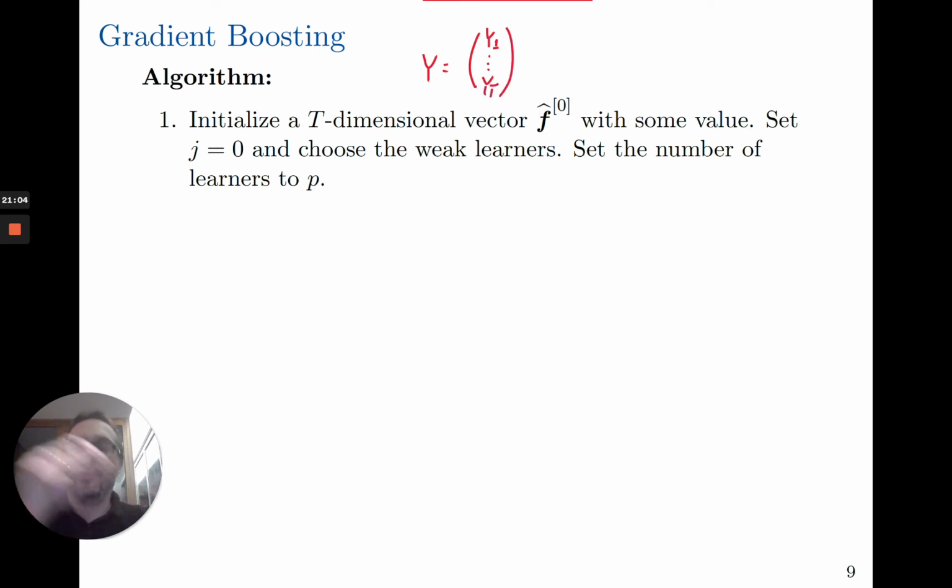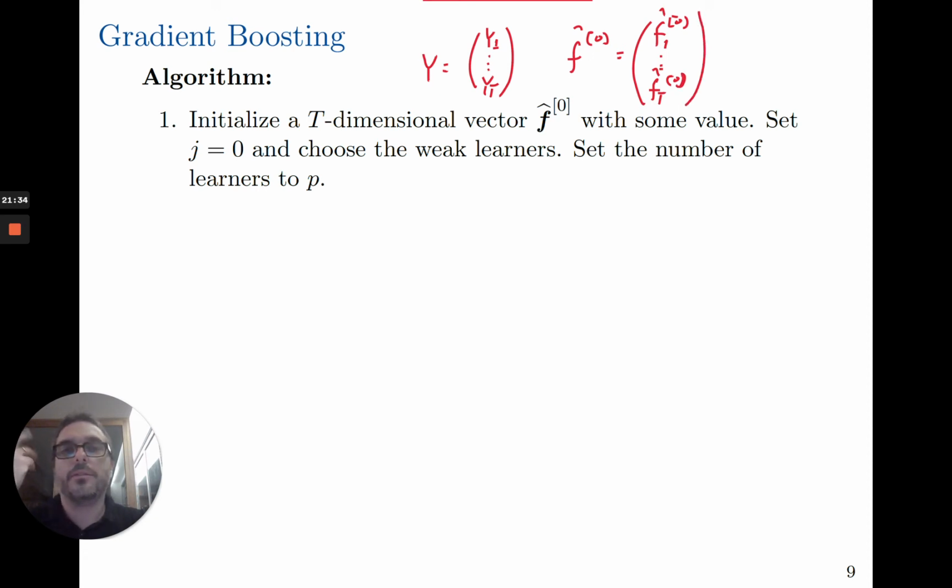Okay, so we want to get to this target. This is our target. So we need an initial guess to initialize the algorithm. So let's say the first one will be f_1 hat at iteration 0 up to f_t hat at iteration 0. We have to initialize this. So we can set it to 0, to a constant.